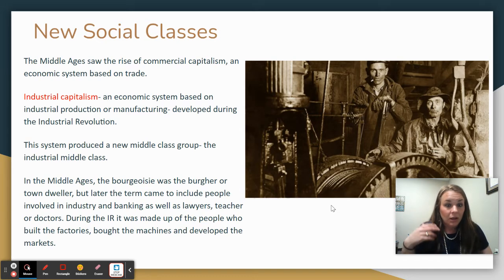Now all of a sudden, with the peasants becoming working class or middle class, they're also learning how to read and they're learning how to write, and so they're getting more involved in what is taking place within our country and what our leaders are doing about these certain things.